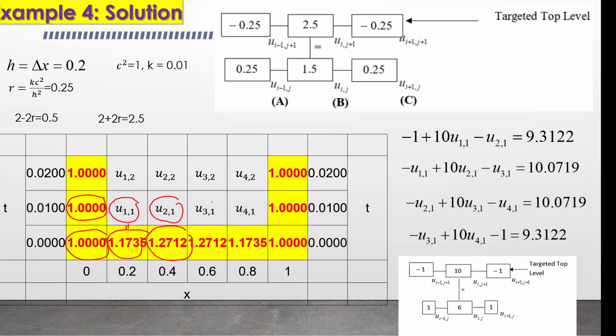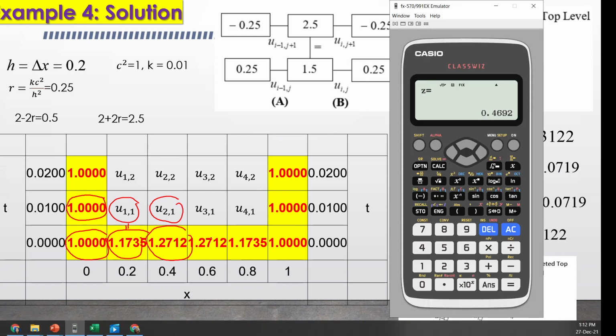How to get the value 9.3122? You can put it into your calculator: A plus 6B plus C. Calculate.